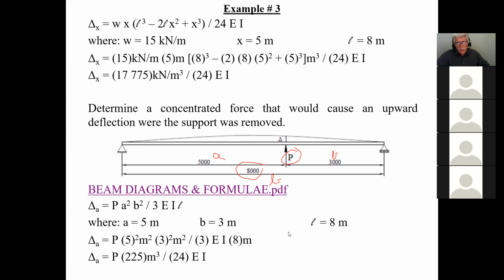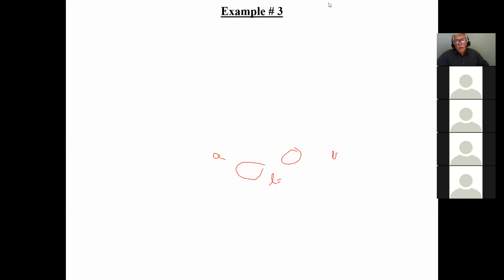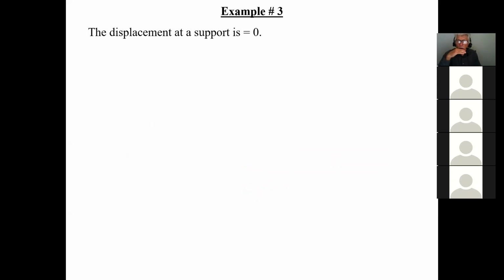Now, like I said, if you look at this, the displacement at a support is 0. In other words, there's no displacement. It's supposed to stay where it is. It doesn't go down, it doesn't go up. That's what you always get when you're doing an analysis: at the support, the displacement is 0.